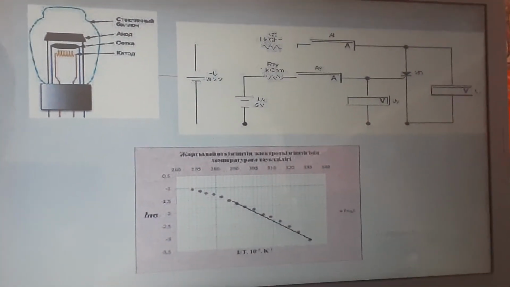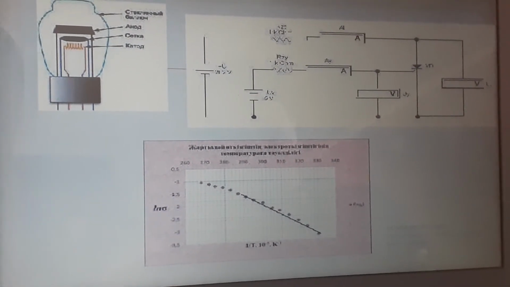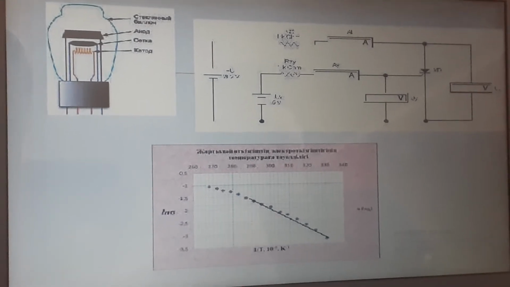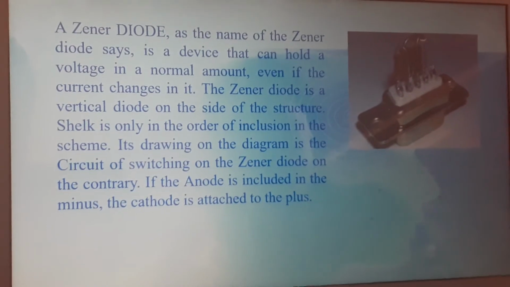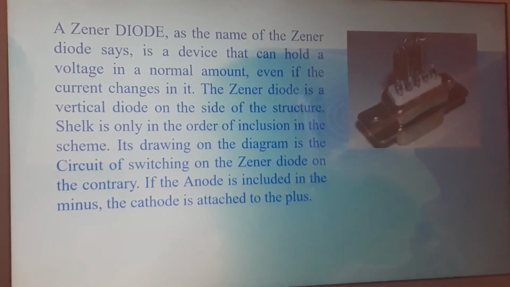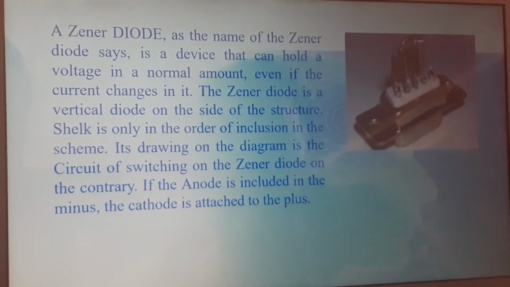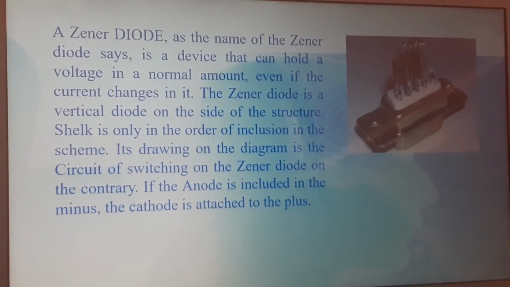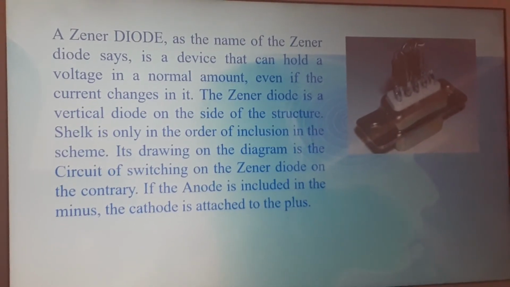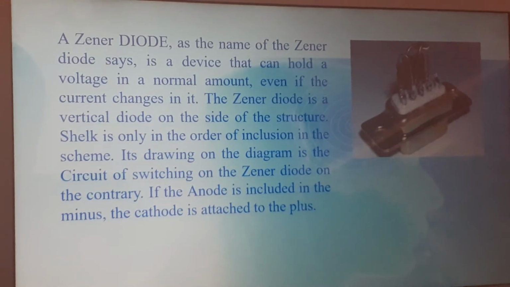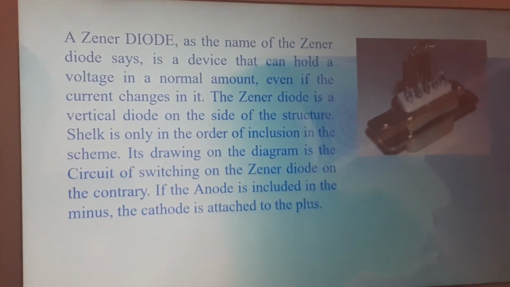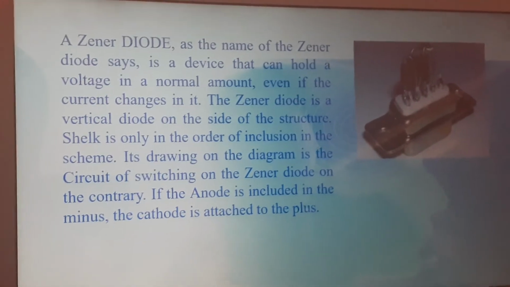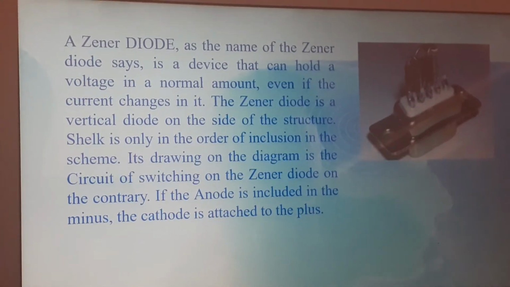Integrated circuits of semiconductors and current flow. Zener diode. As the name says, a Zener diode is a device that can hold a voltage at a normal amount even if the current changes in it.